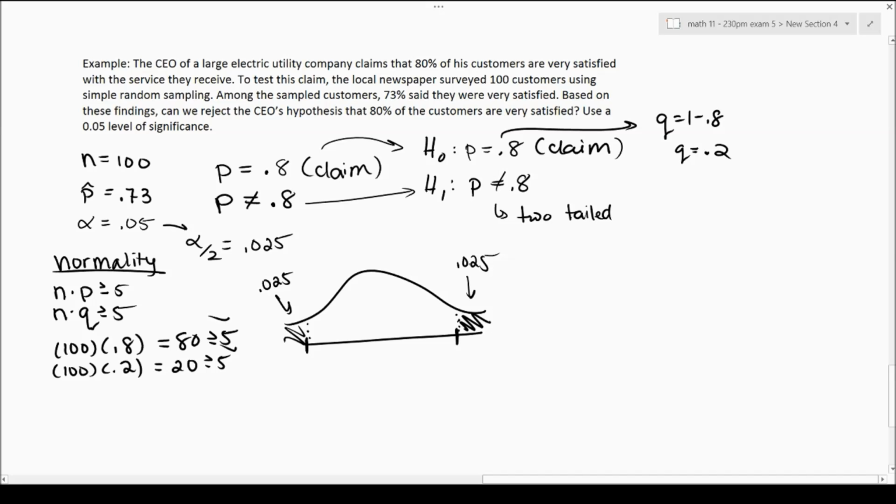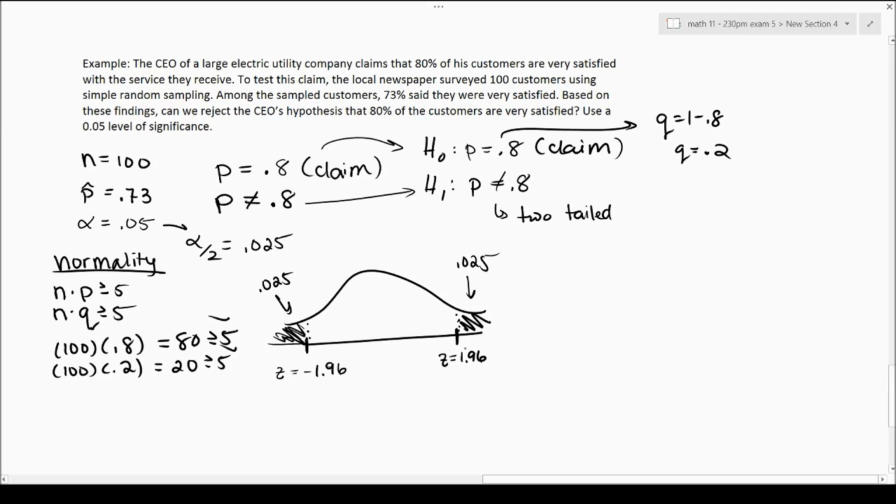So we're going to look this up in the z-table and find the z that gives us an area of 0.025, and that will give me this negative critical value on the left. See, negative 1.96. So that means this upper value is positive 1.96. These are our two critical values. And so these tails are the critical regions.